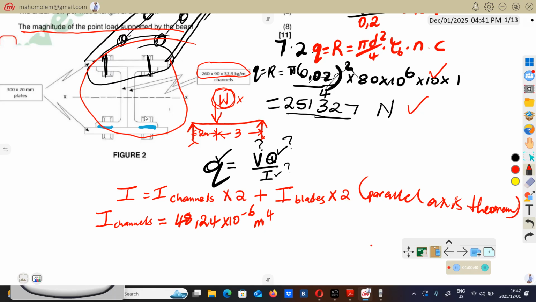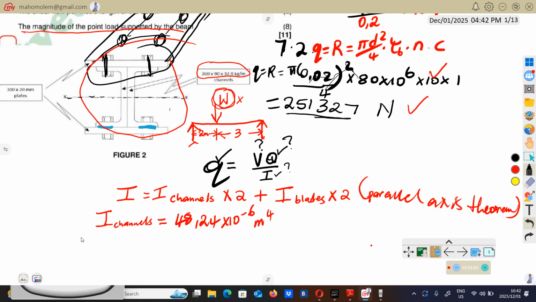Now you may recall that this one here is the x-axis of the whole thing, of the composite. This is the x-axis of these profiles combined. So which will be your reference?